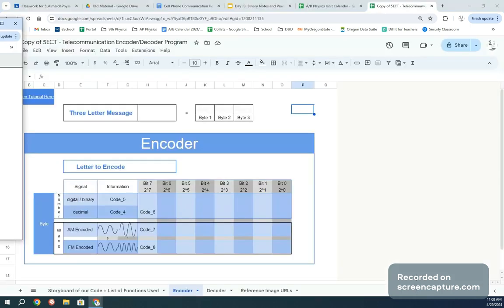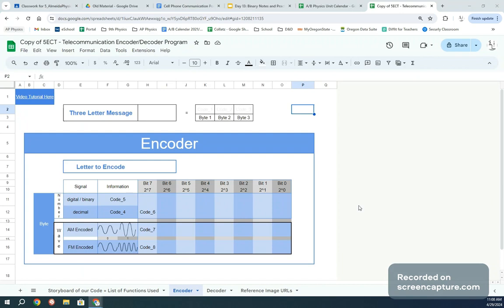Again, the goal here is just being able to pass along that message. This way I did it so all 3 letters get sent all at the same time. There's no wait, no pause, nothing.